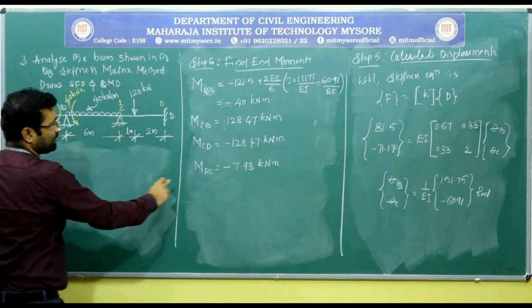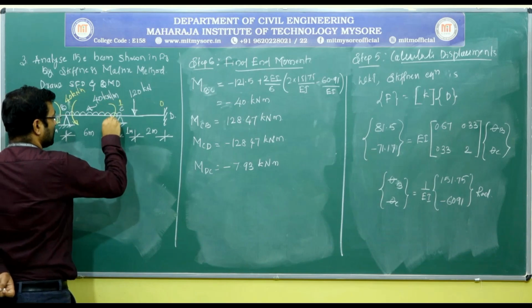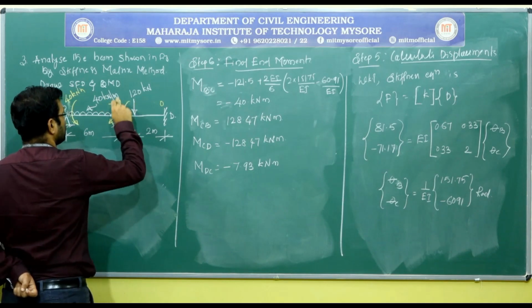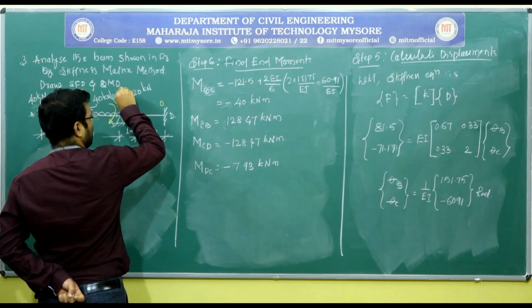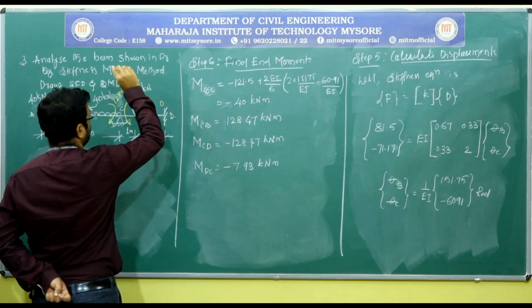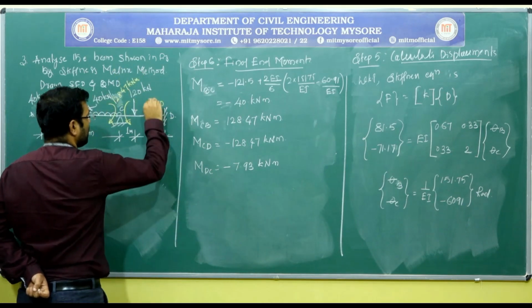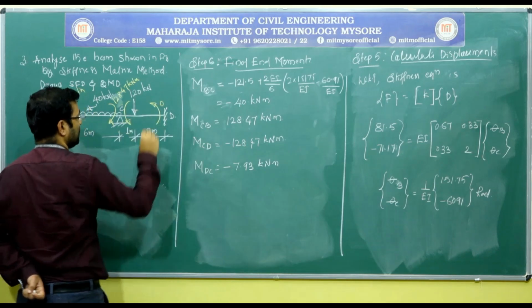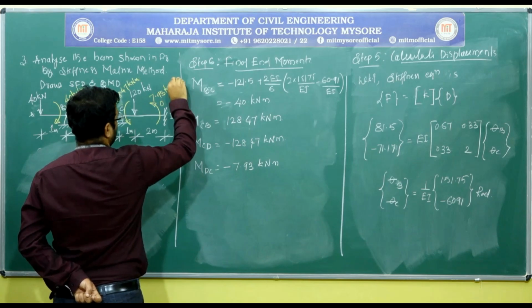And at point C we have 128.47, one clockwise, another one anti-clockwise. And at D here also we have got a negative value, that is 7.93 kilonewton meter.